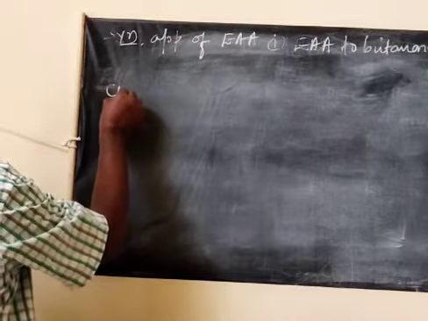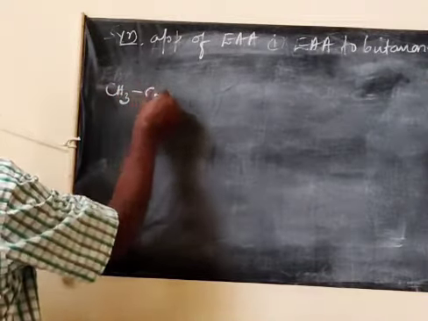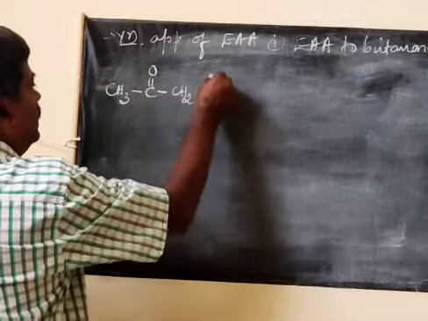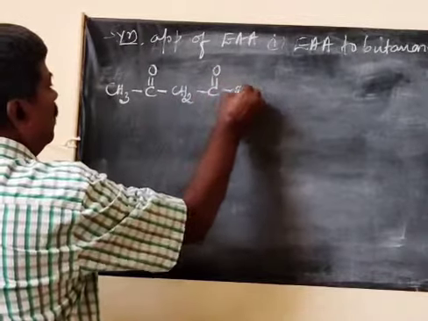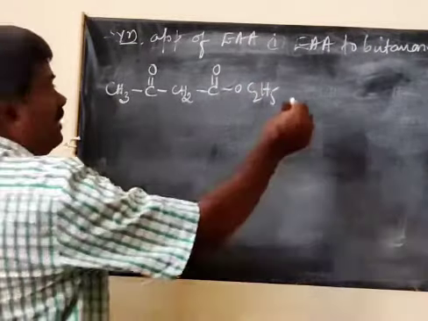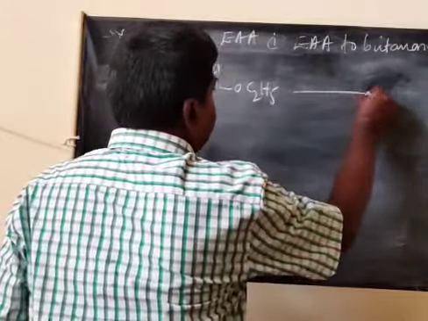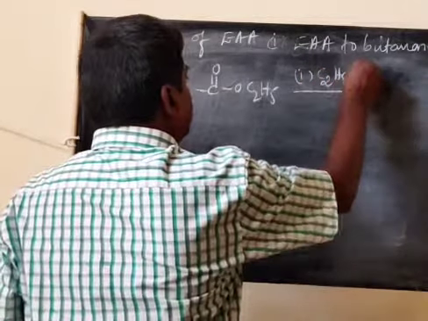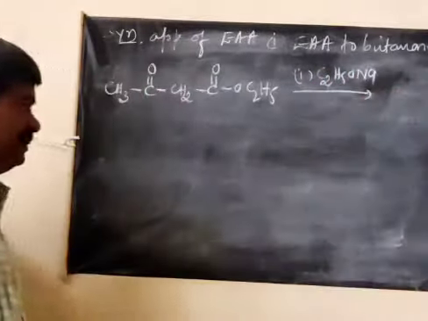The ethyl acetoacetate structure is CH3, C double bond O, CH2, C double bond O, O, C2H5. So the first step is to treat with sodium methoxide, a strong base. So what happens?